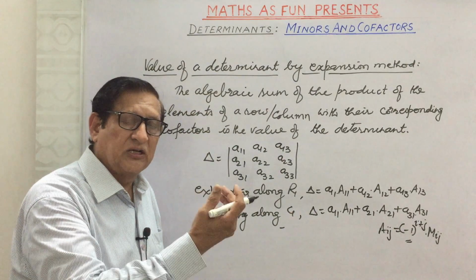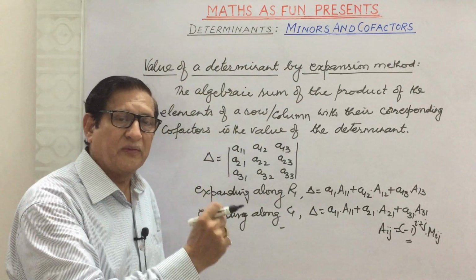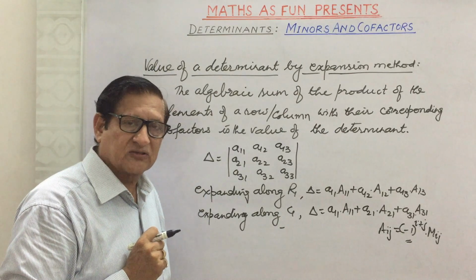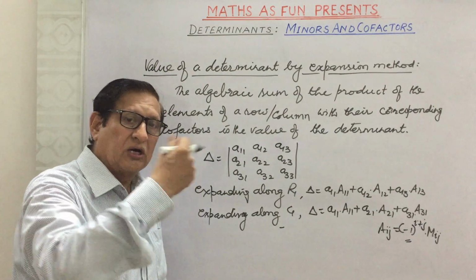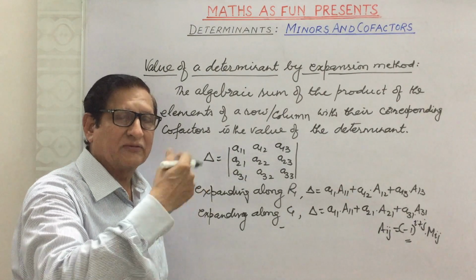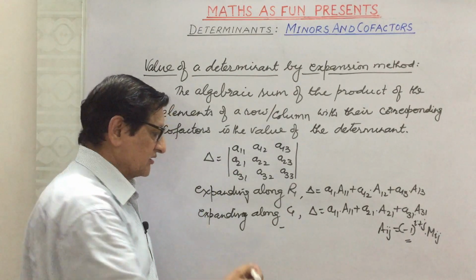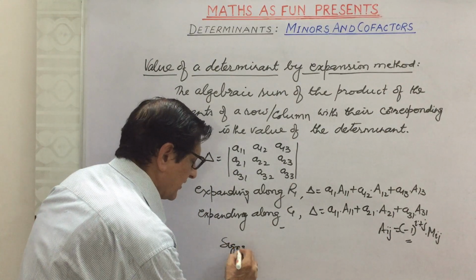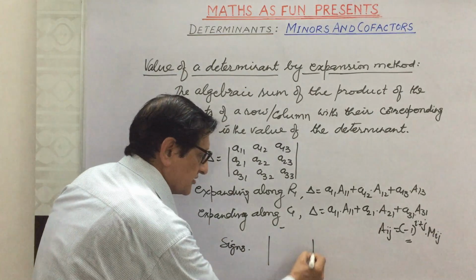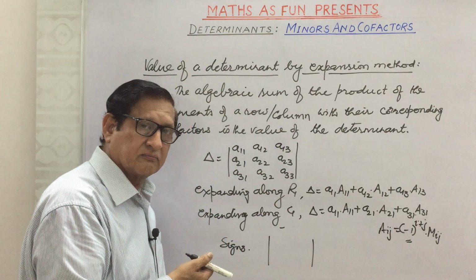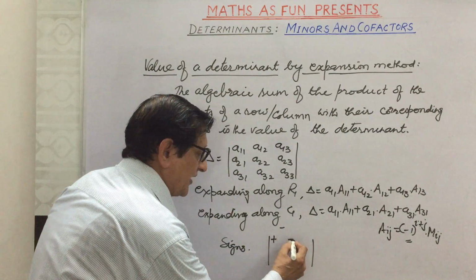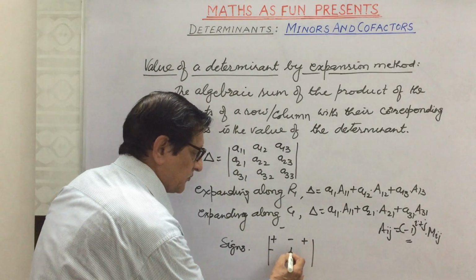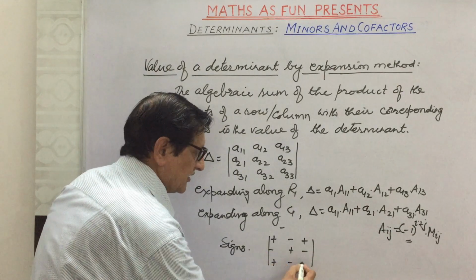We know that an even power of minus 1 is positive, plus 1, and an odd power of minus 1 is negative, that is minus 1. It means the signs for cofactors can be remembered like this. If this is the determinant of the matrix, then the signs here will be plus, minus, plus, minus, plus, minus, plus, minus, plus.